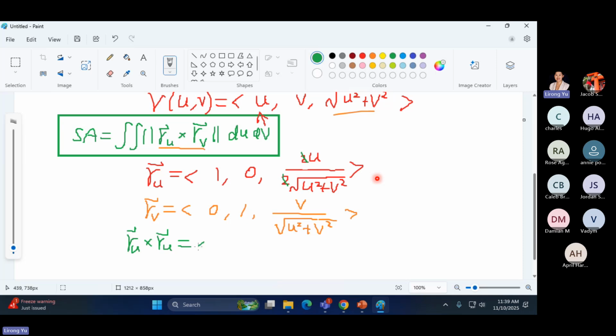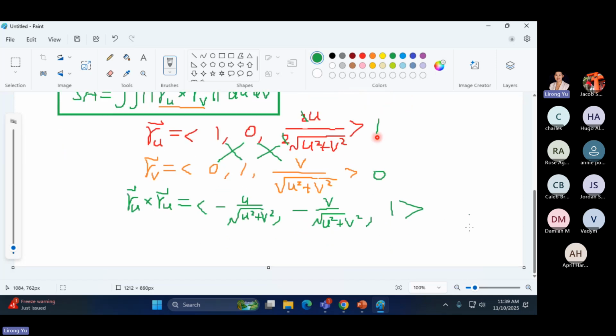The first component will be negative u over the root of u squared plus v squared. The second component, I move over 1 and 0, multiply and subtract. So we have negative v over the root of u squared plus v squared. The last component is here, so I'll subtract 1. So that's the cross product.